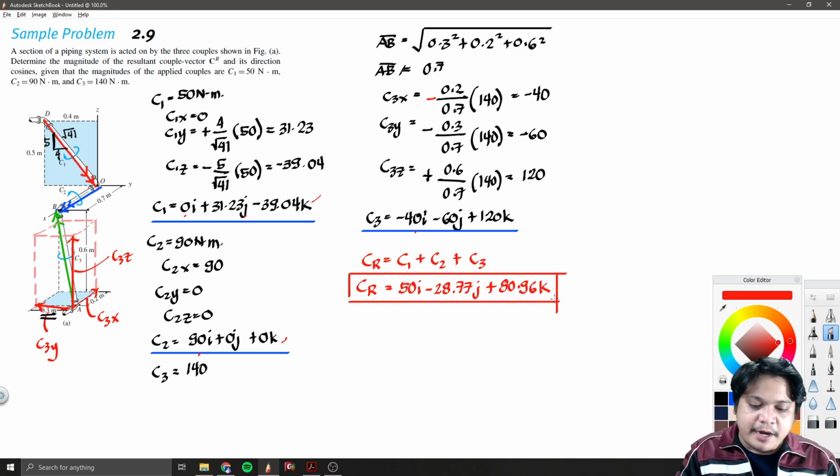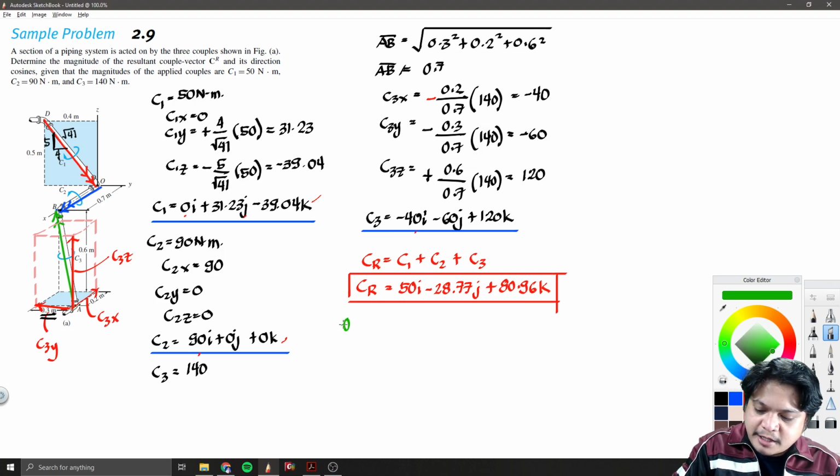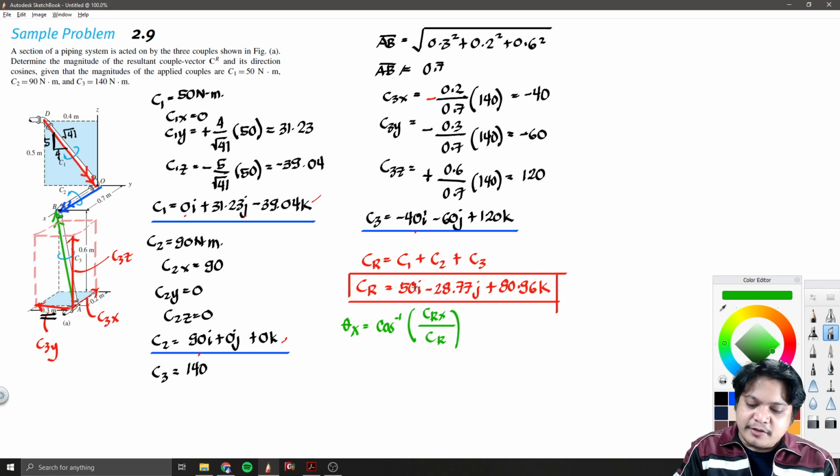Okay, however, pinapahanap sa atin, it's the direction cosines. Okay, so para makuha natin yung direction cosines, di ba, yung theta x natin, that is equals to cosine negative 1 of CRX all over CR. Okay? Meron na tayong CRX which is 50. Kunin na lang natin muna si CR. Okay, vector yan.